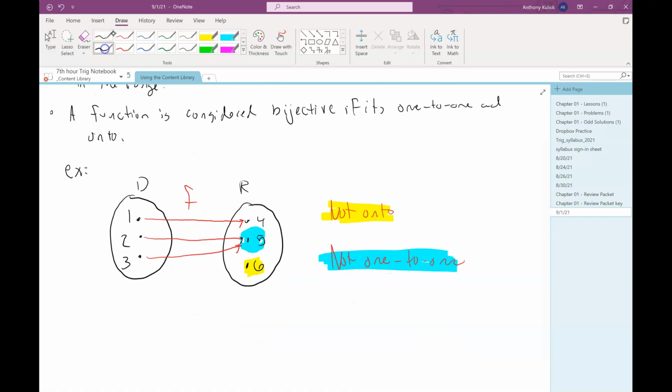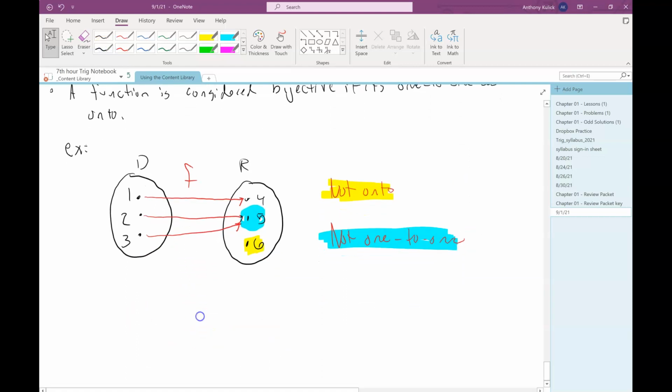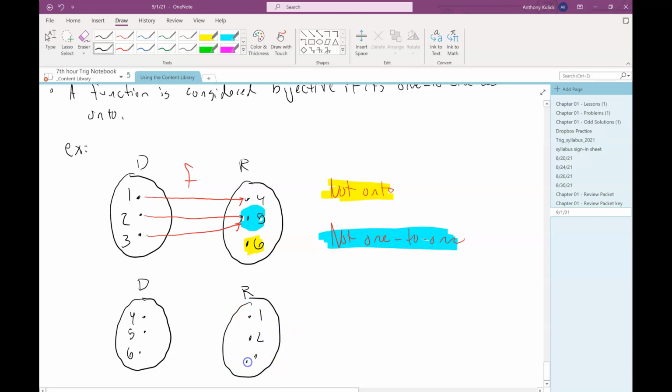Let's look at what would happen now if I found the inverse for this function. So the domain would be 4, 5, 6, and the range would be 1, 2, 3.